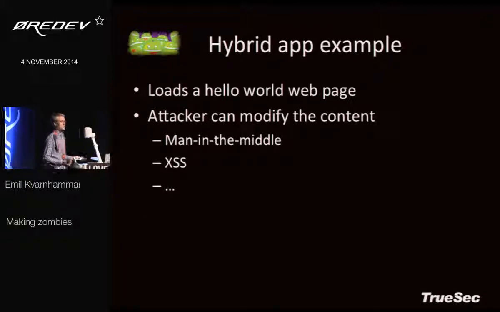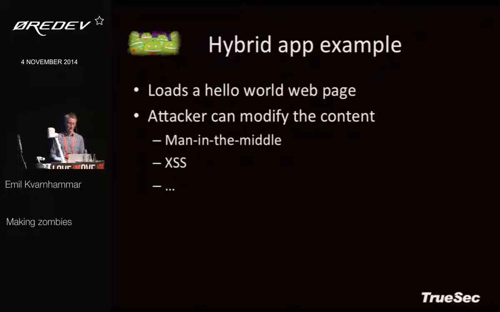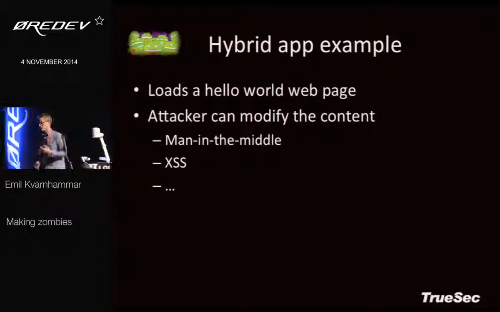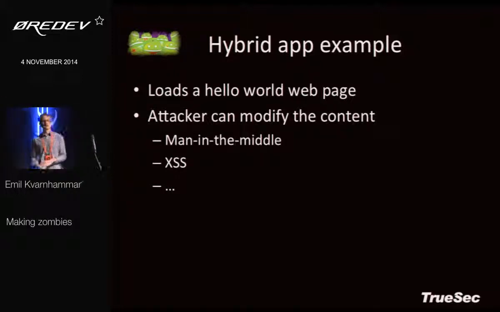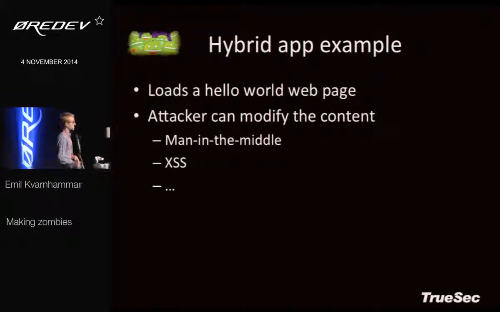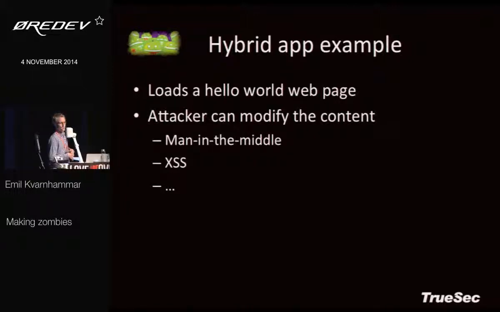Again, I'm not the GUI kind of guy, so I'll try my best. I think you get the point still. The attacker has some kind of ability to modify the content being loaded. That could be through man-in-the-middle attacks. It could also be through cross-site scripting or any other way of modifying content being loaded.